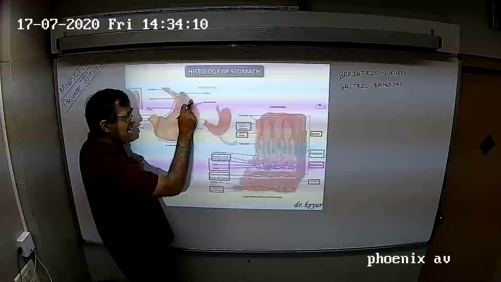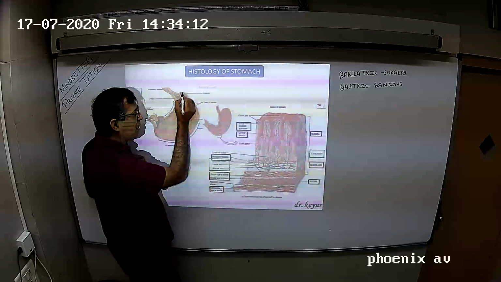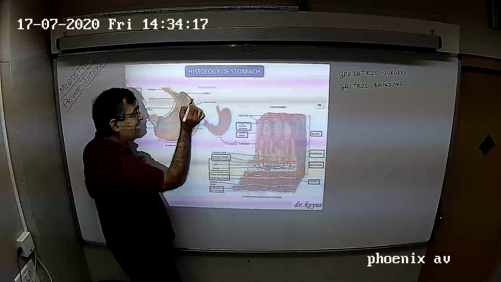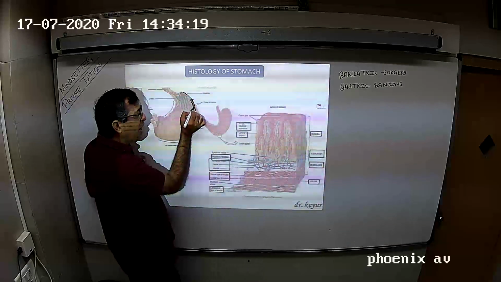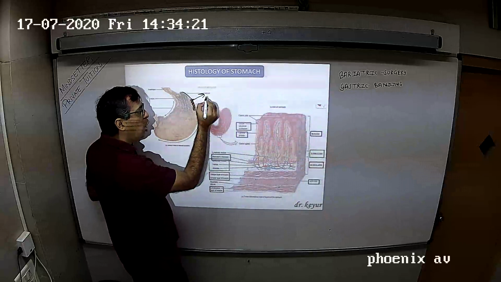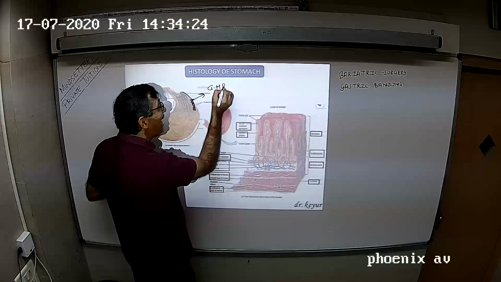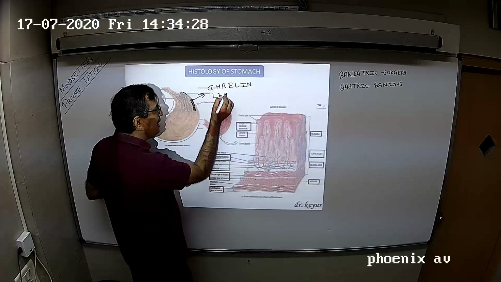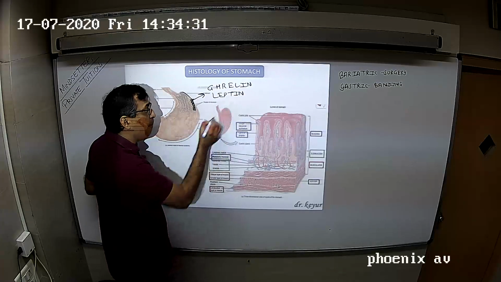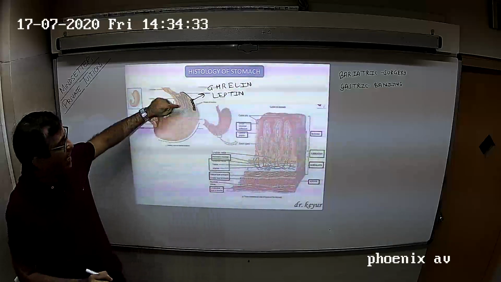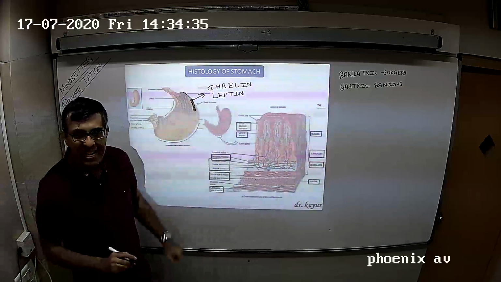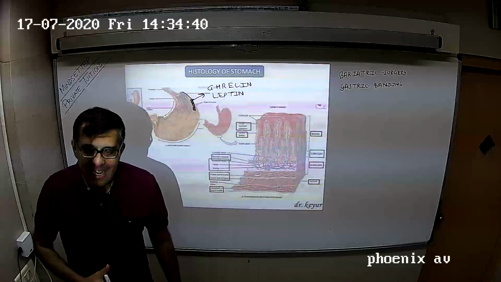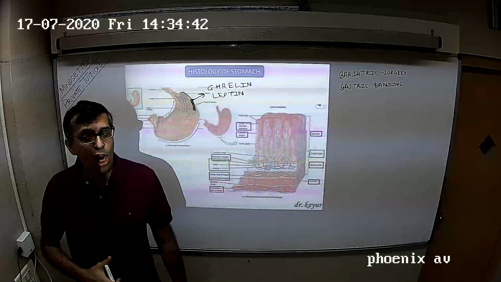So in the fundus and in the cardiac part, यहाँ are found special cells, secretory cells, which give out two hormones called as ghrelin and leptin.